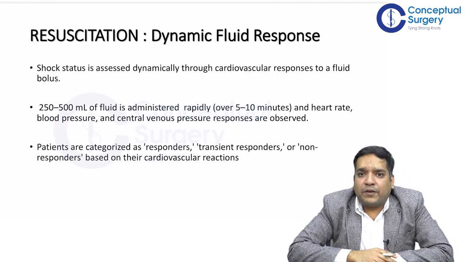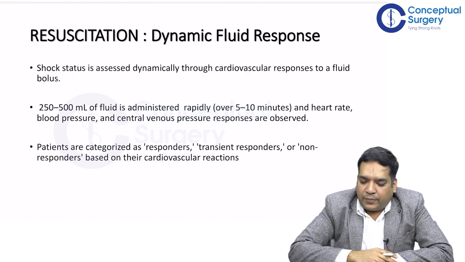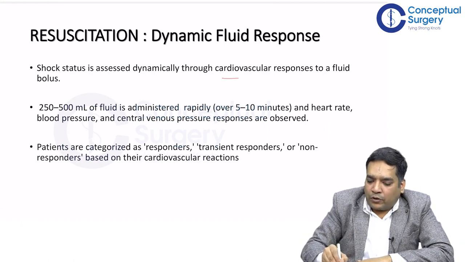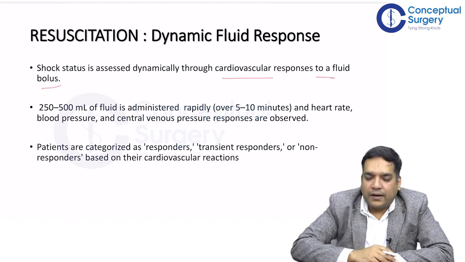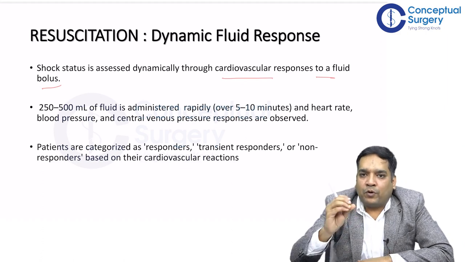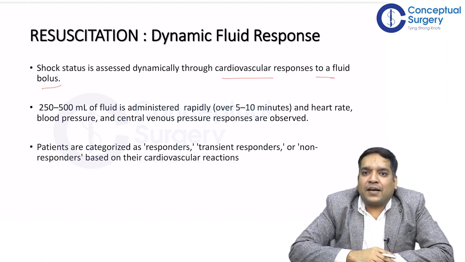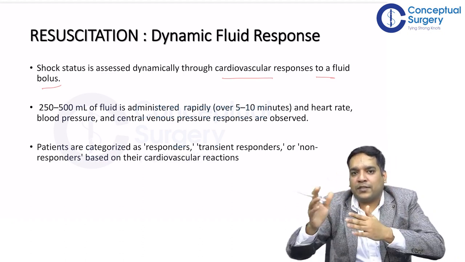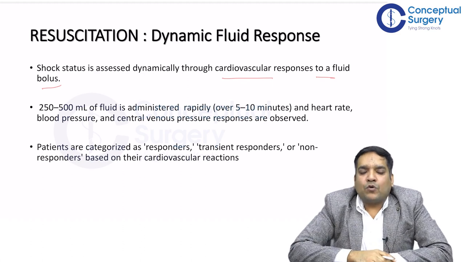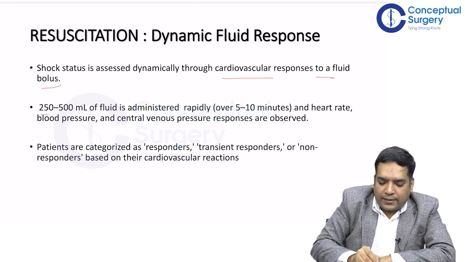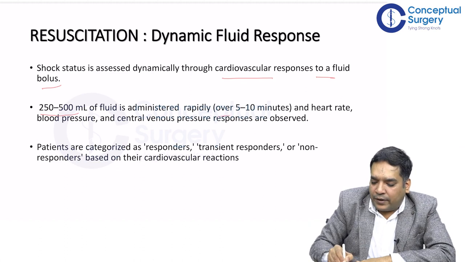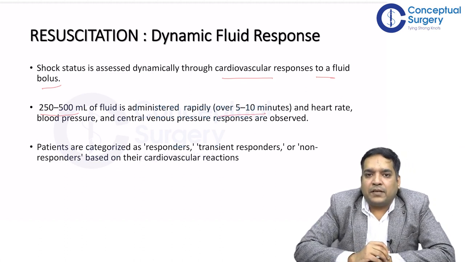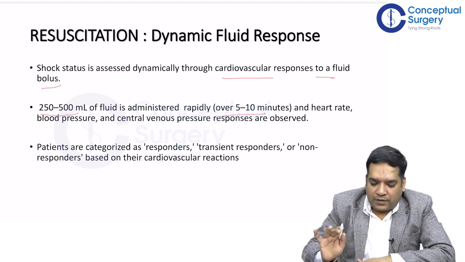So what is dynamic fluid response? Basically shock status is assessed dynamically through cardiovascular response to a fluid bolus, right? Here we are going to give a fluid bolus and check the cardiovascular response after it, and according to that we are going to divide the patient into shock status. So 250 to 500 ml of fluid is administered rapidly over 5 to 10 minutes, and heart rate, blood pressure and CVS responses are observed, right?